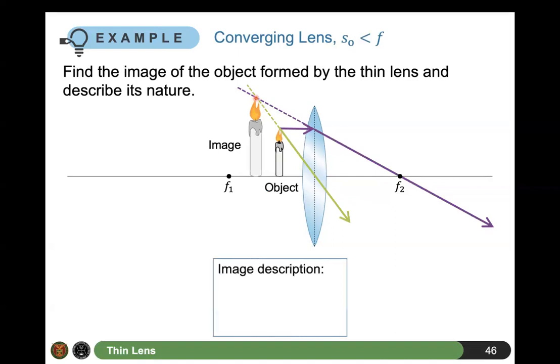So the image will be virtual, magnified, and upright. This is always the case for the converging lens where S0 is less than F. So, if S0 is greater than F: real, reduced, inverted. If S0 is less than F: virtual, magnified, upright.